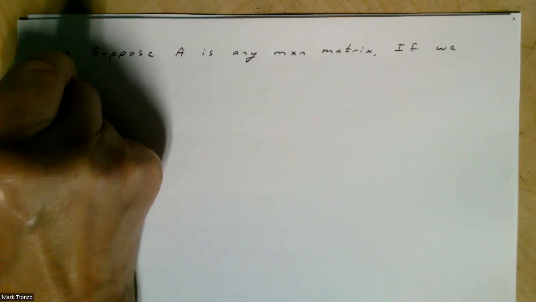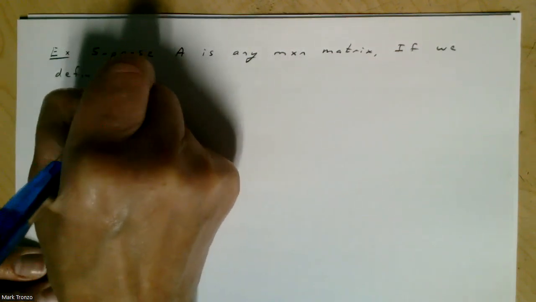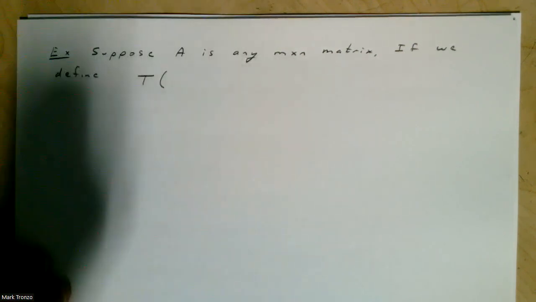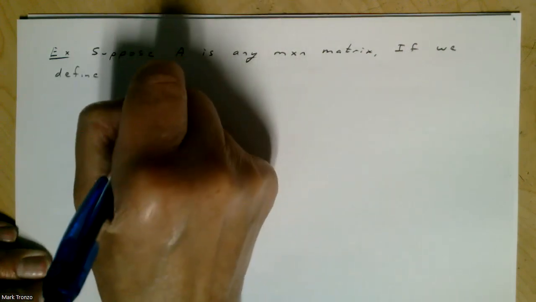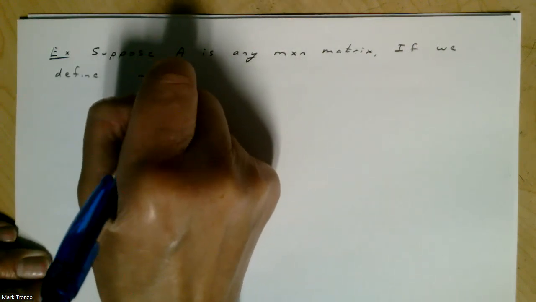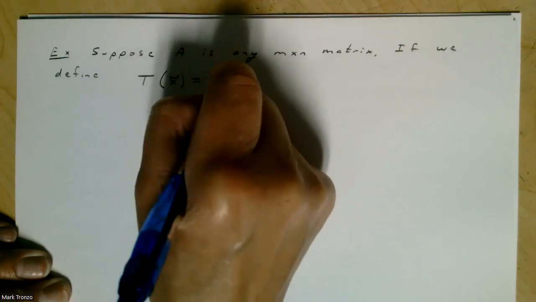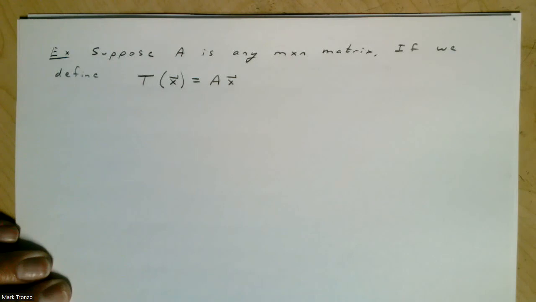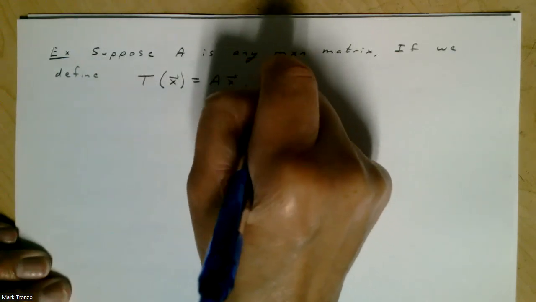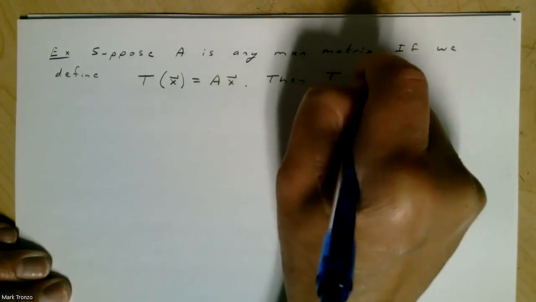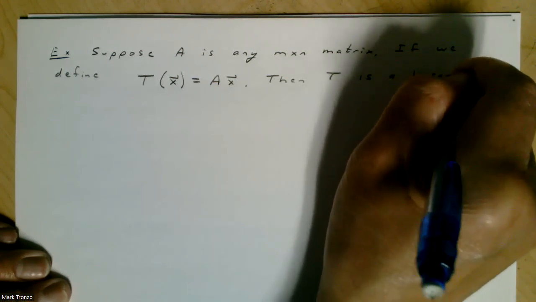If we define a transformation, say we put in a vector x, and we define our transformation this way, T(x) = Ax, then T is a linear transformation.